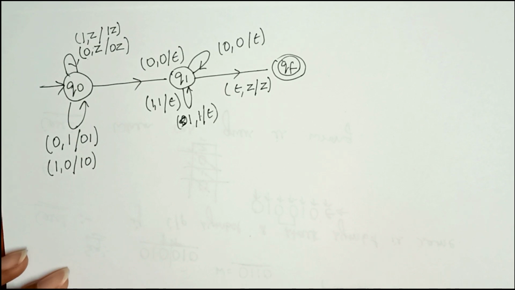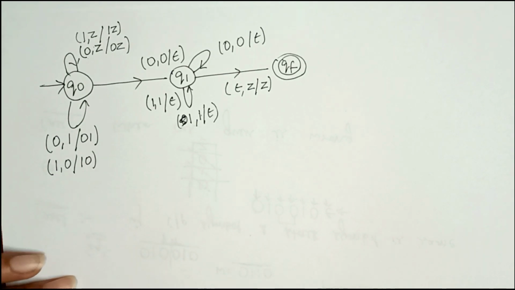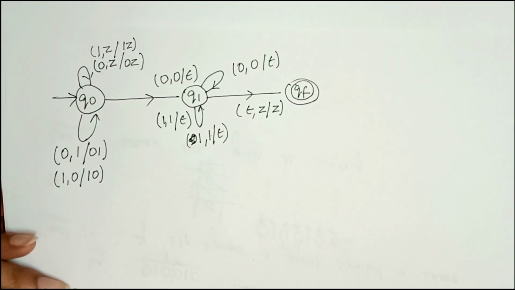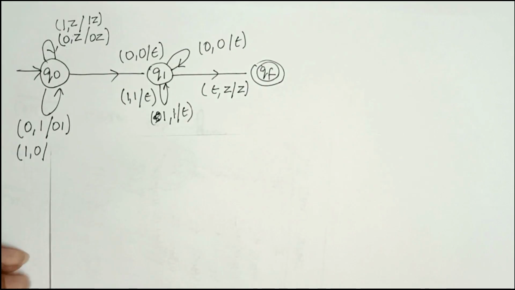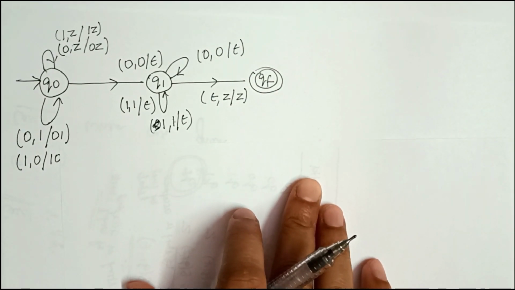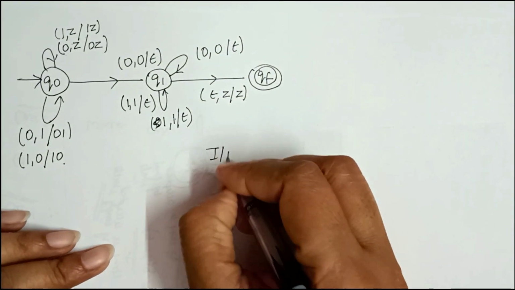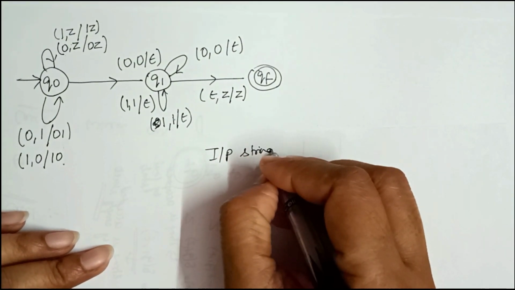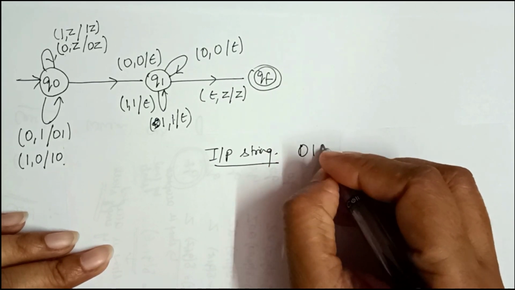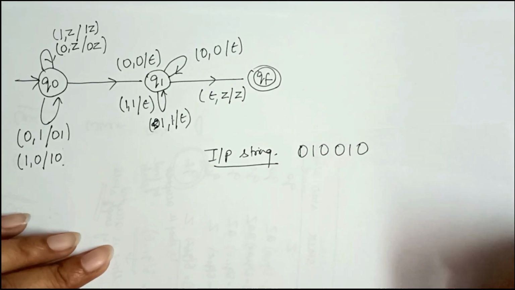Now we take one input string and check whether that input string is accepted on this transition diagram or not. Suppose the input string is 0 1 0 0 1 0.